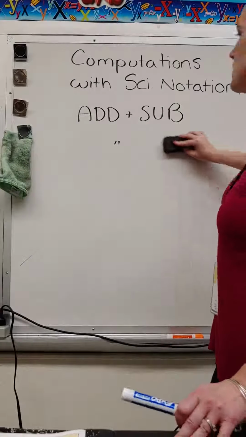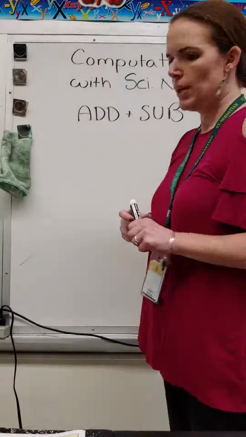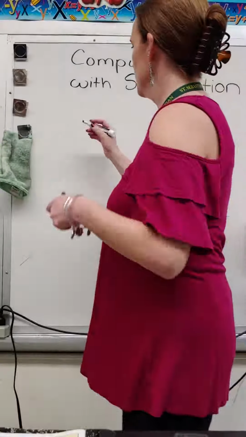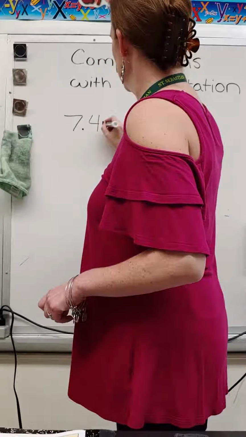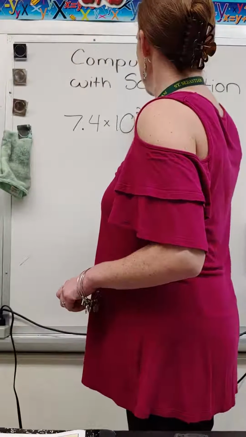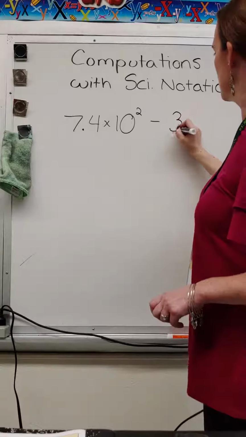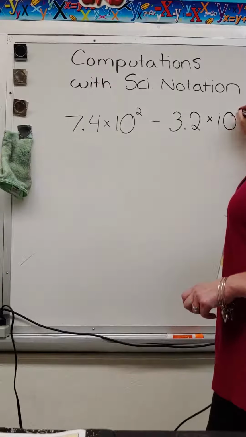This time we'll do a subtraction one. So let's say we have 7.4 times 10 squared, and I'm going to subtract 3.2 times 10 cubed.